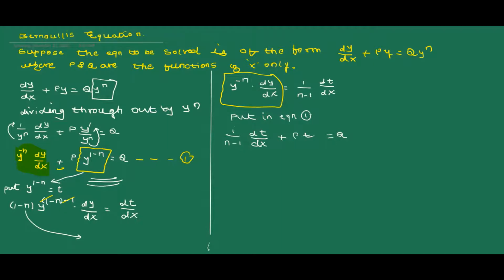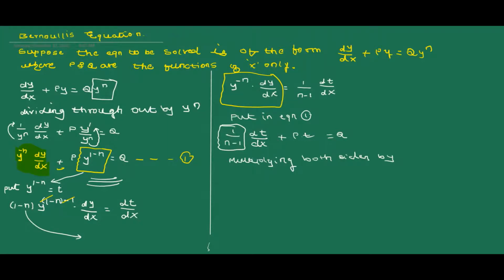Now try to eliminate this 1 divided by n minus 1. So multiplying both the sides by 1 minus n.